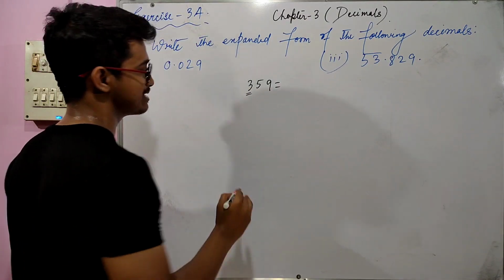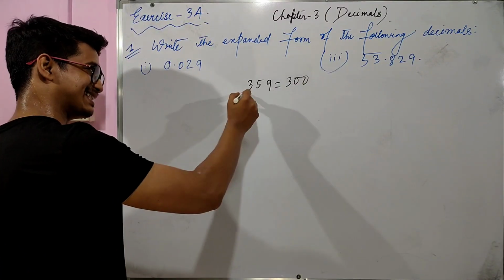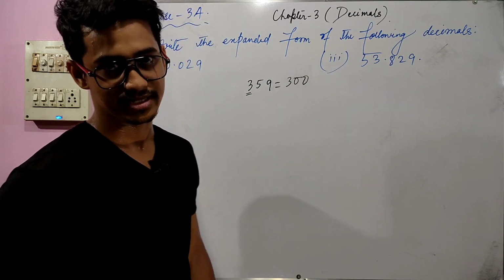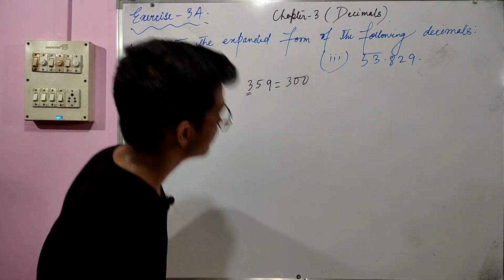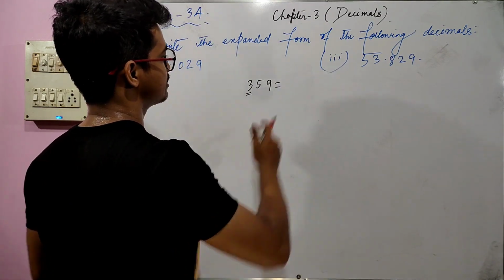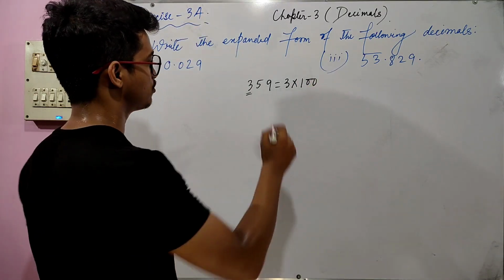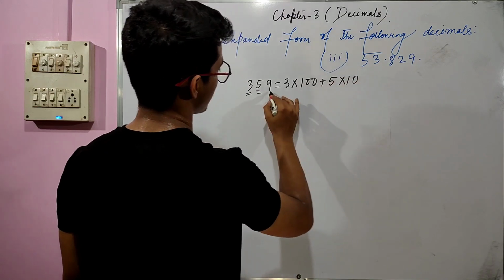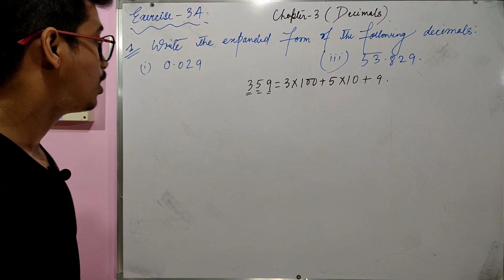The place value of 3 is 300, because 3 is in the hundreds place, so we write 3 into 100. What is the position of 5? That is 10, so 5 into 10. And the position of 9 is ones, so plus 9. That is the expanded form of 359.